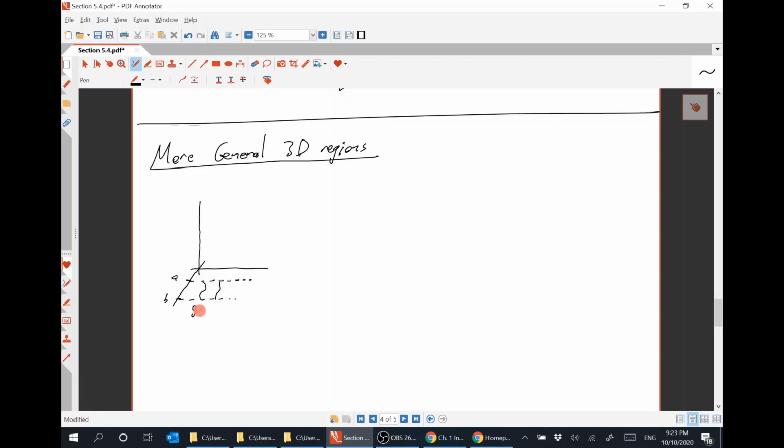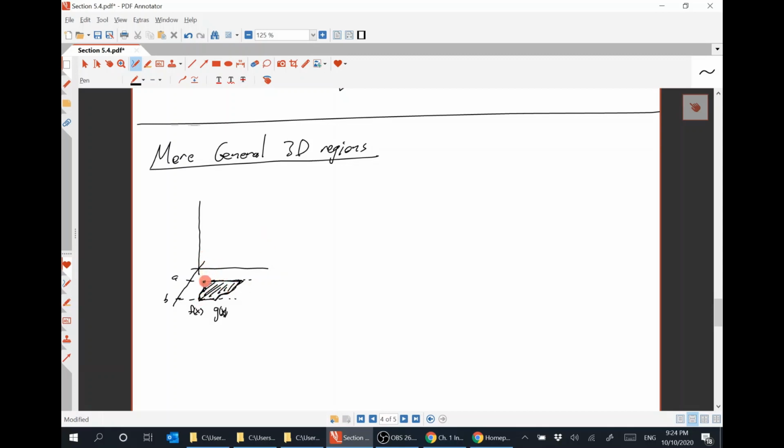So this is g of x, and we'll say f of x. And so you have this region here. Let's make it a little larger. So you have this function g of x bounding on top, and the function f of x bounding below. And you've got this type of region.